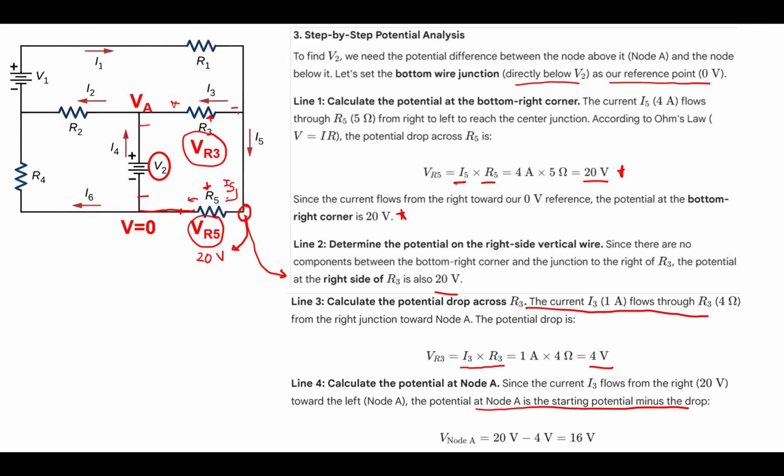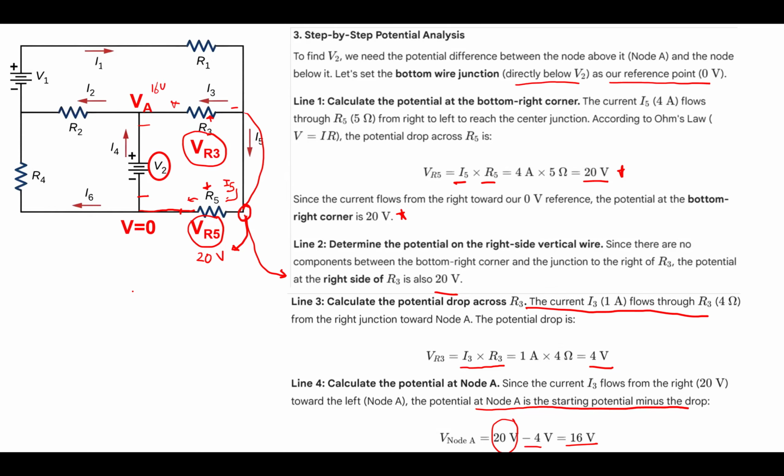It is the same voltage as this one, since there is no resistor or battery, so this point and this point have the same voltage, 20 volt. Then it is reduced by this resistor by 4 volt, so it is 16 volt. So we have 16 volt here.